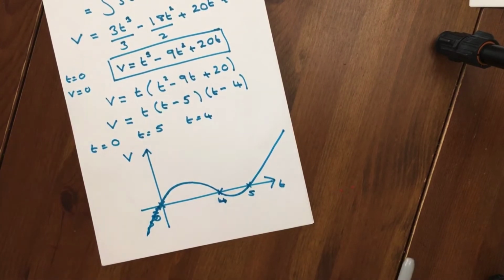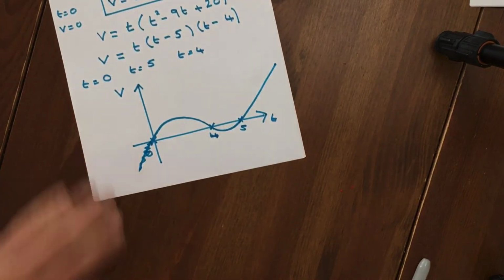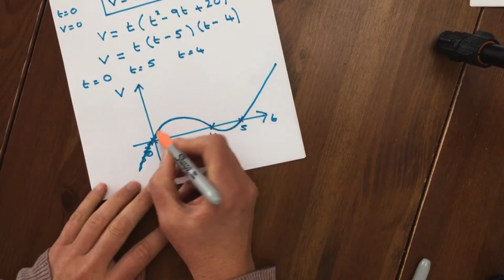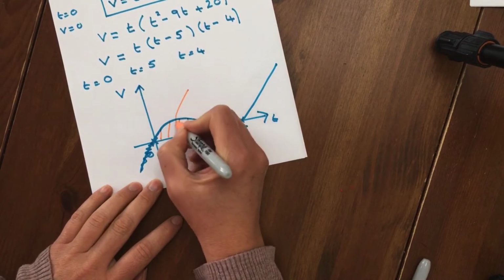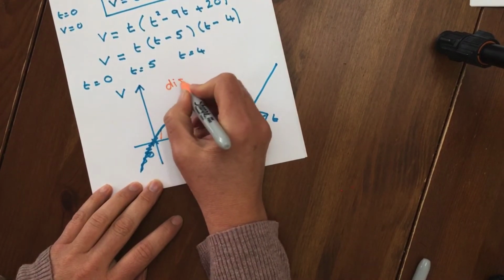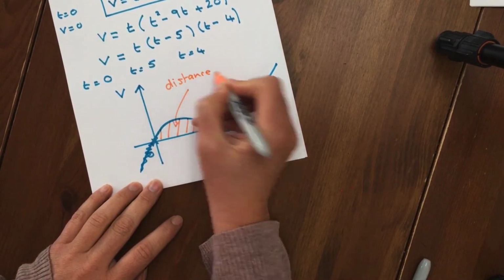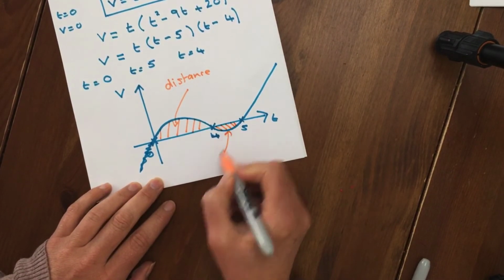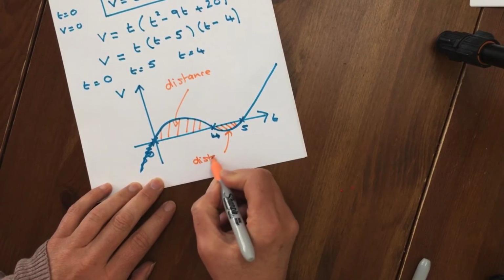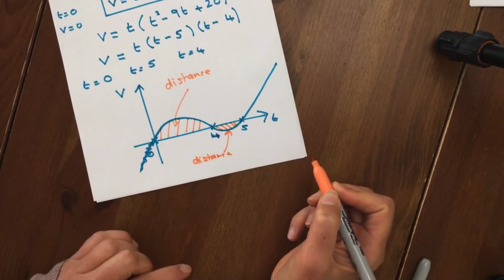Now, I know that for a velocity time graph, the area under the graph here will represent my distance moved for the first 4 seconds. And this area here will be the distance for the next second, from second 4 to second 5.